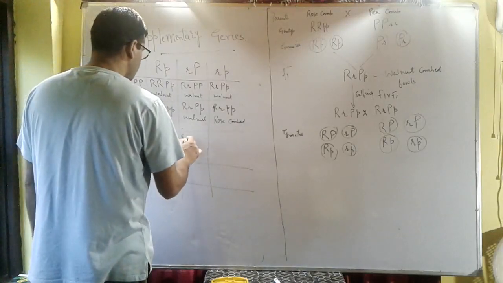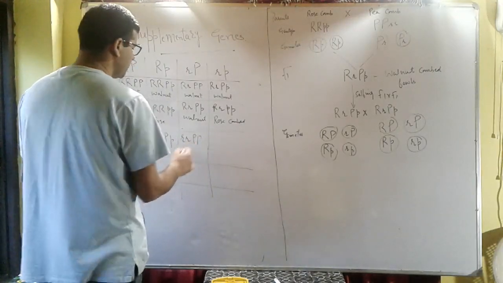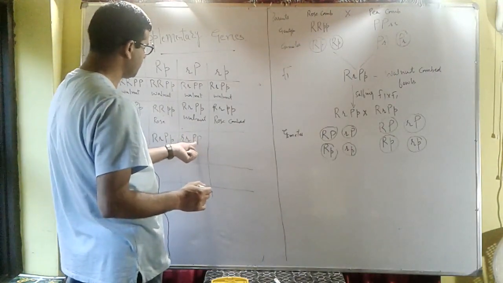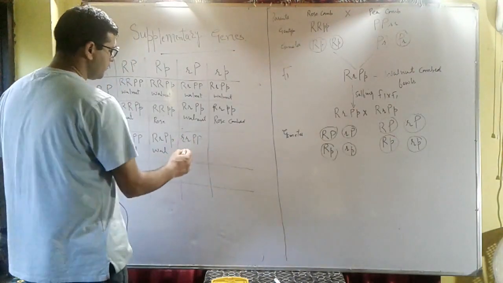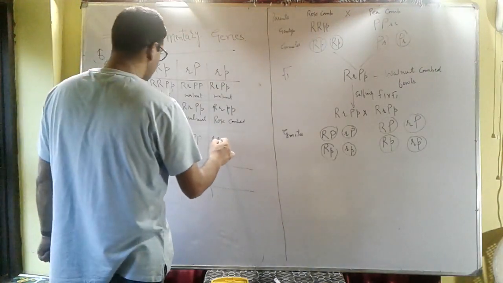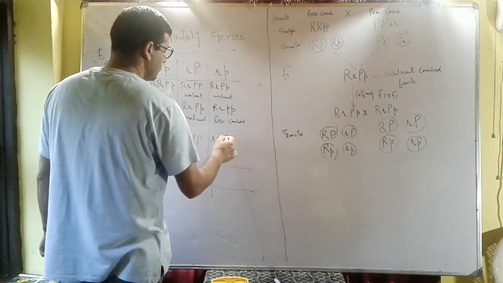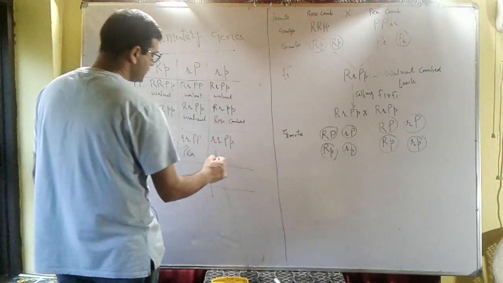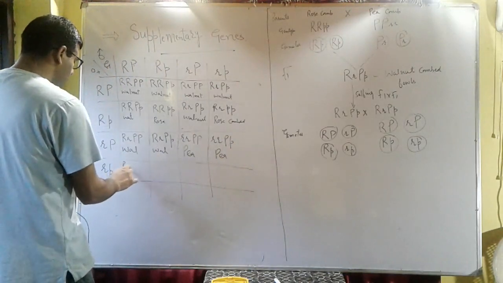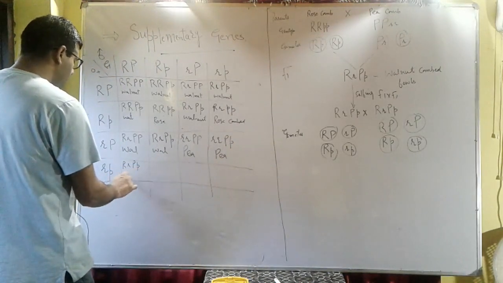Then we have small r, capital P, capital P. That means only one dominant gene, capital P, is present, so it would be pea combed. And we have small r, capital P, small p. One dominant gene P is present, that means it is pea combed. Then we have here capital R, capital P, small p. This is walnut combed.